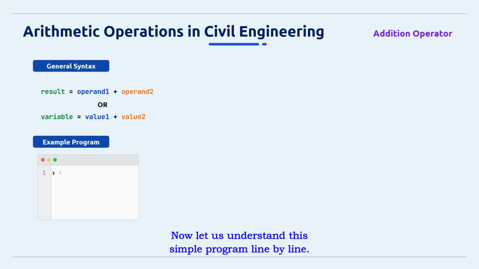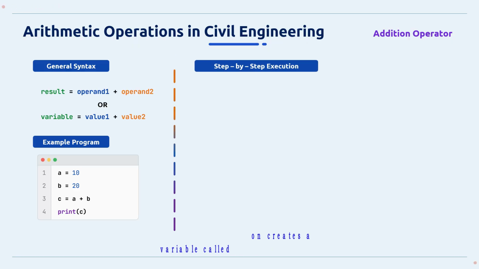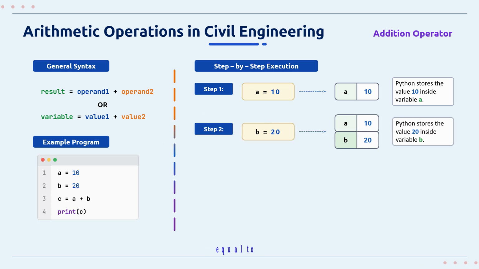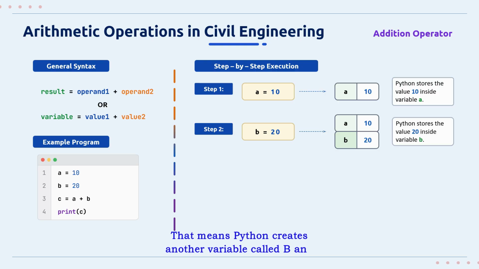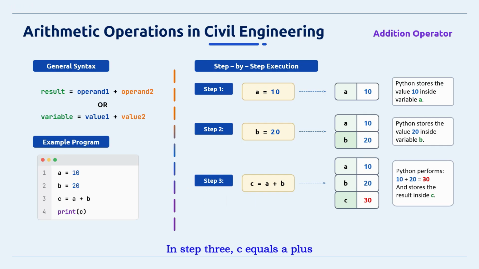Now let us understand this sample program line by line. a = 10, that means Python creates a variable called a and stores the value 10 in it. Now b = 20, that means Python creates another variable called b and stores the value 20 in it. In step 3, c = a + b.